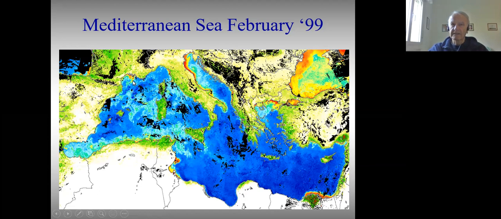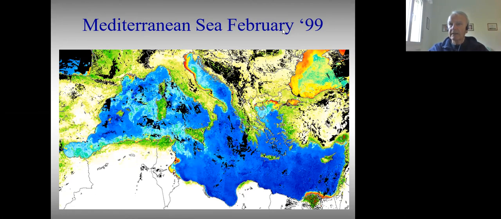The same thing is happening here, or something equivalent. Here you have a dense water formation where the water goes from the surface to 2,000 meters and then spreads all over the Western Mediterranean, driving the circulation cell of the Western Mediterranean. So that's the important thing. Why do we study these dense water formation processes?